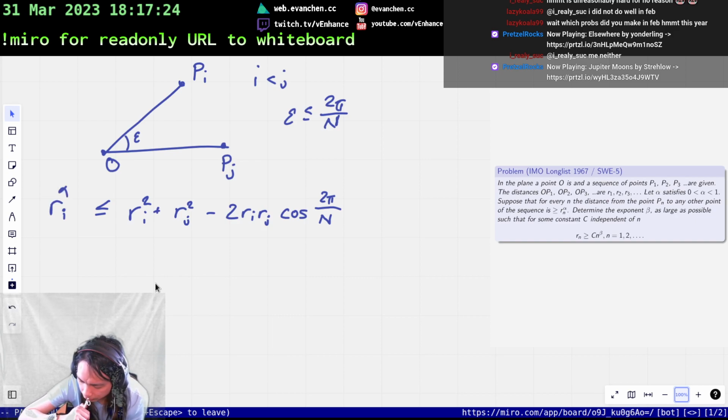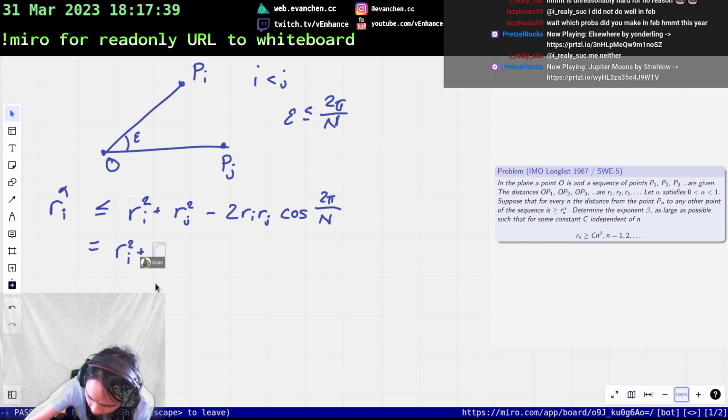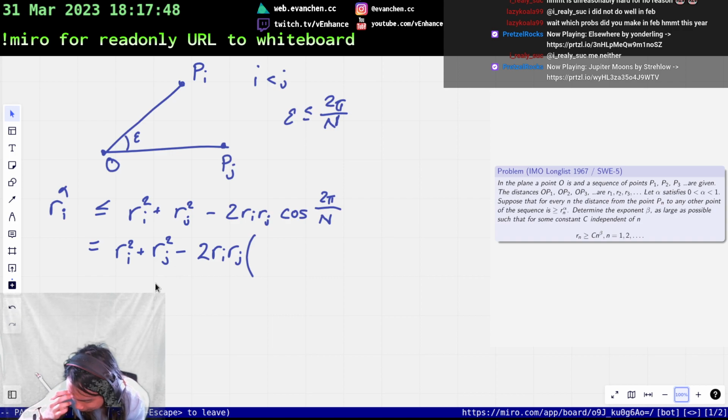Okay, that's fine. Then we think the right hand side is pretty small because N is big, so that cosine will be close to 1. How do I formalize this? Let's just use Taylor series. Anyone know what the Taylor series of cosine is?